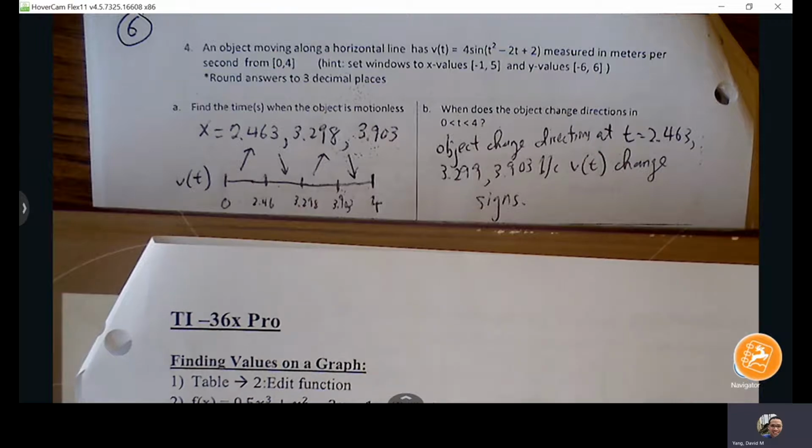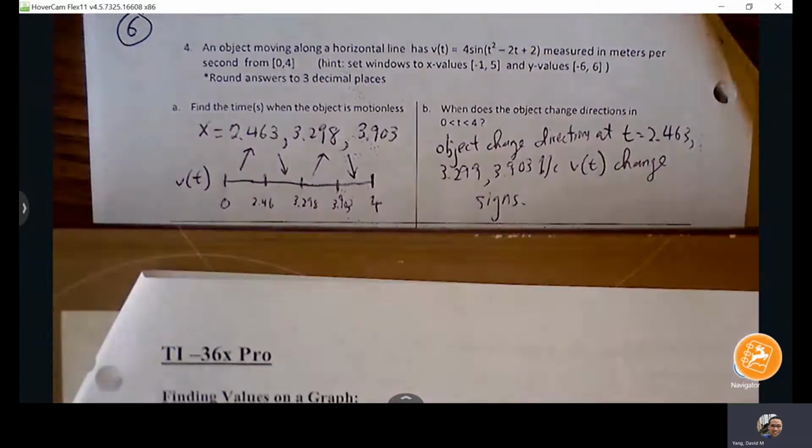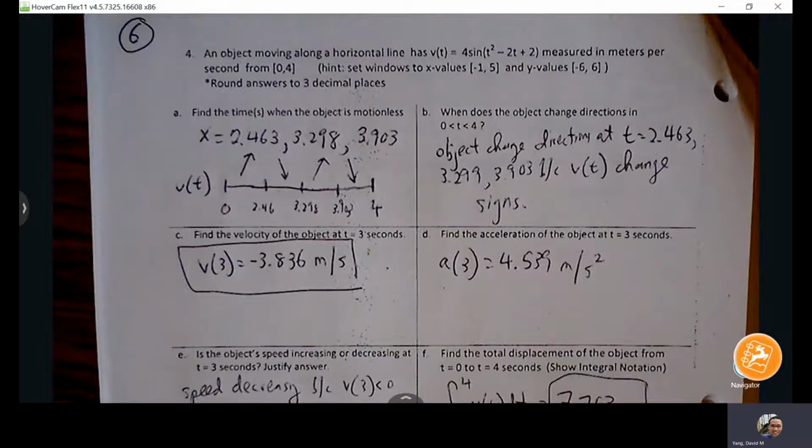So that's fine then. I thought it was 3.298. Okay, that's fine. As long as you're going through that step, that's sufficient. Okay, so we're good with that, hopefully.